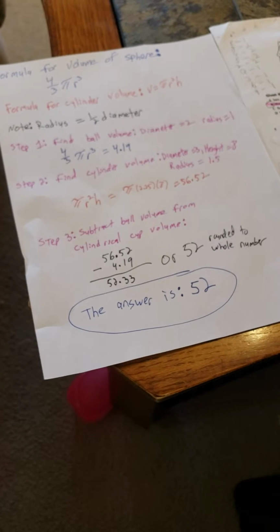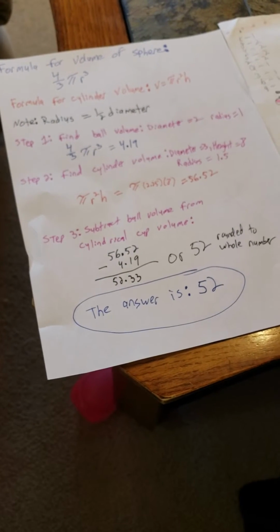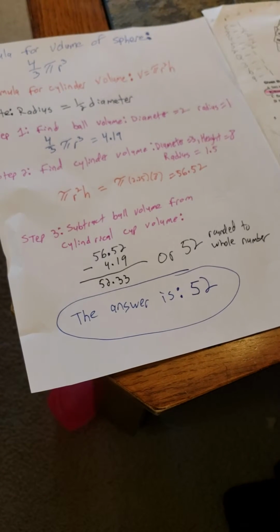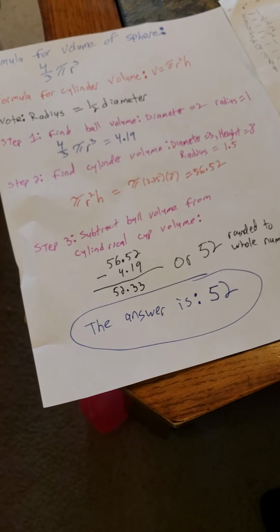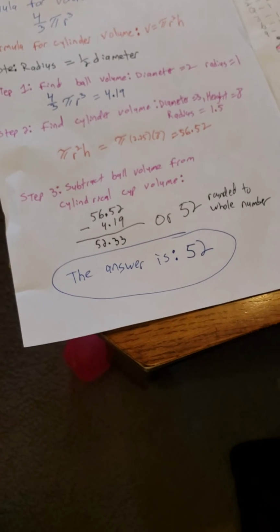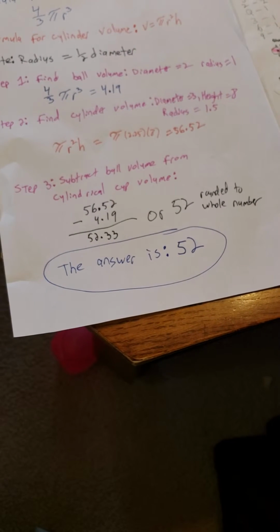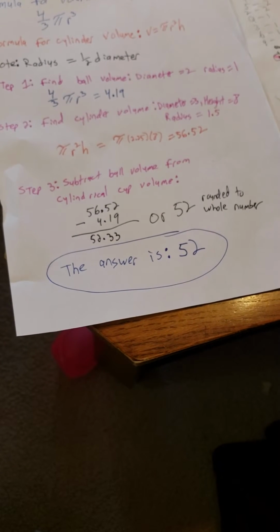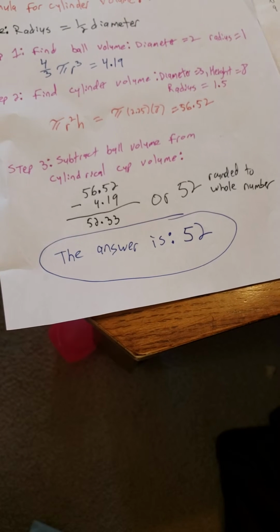For our second step, we have to find the cylinder volume. We have a diameter of 3, a height of 8, and a radius of 1.5. So plug that in, and it will be pi r squared times h, which equals pi times 2.25 times 8, which is equal to 56.52.